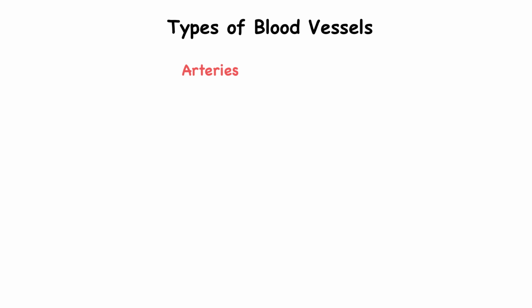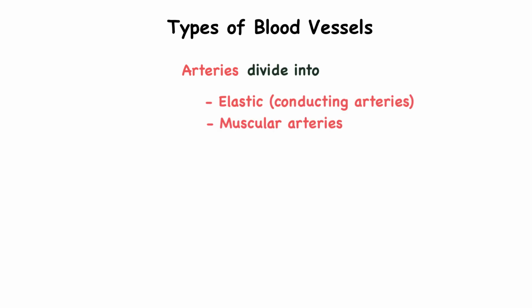Now understand that blood is not blue, it is different shades of red, but this helps us to get a visual of what direction blood is being taken in. So we can start again with arteries. And arteries are taking blood away from the heart, and they divide into either elastic or conducting arteries or muscular arteries. As they get smaller, they become arterioles, and then arterioles are going to branch into capillaries.